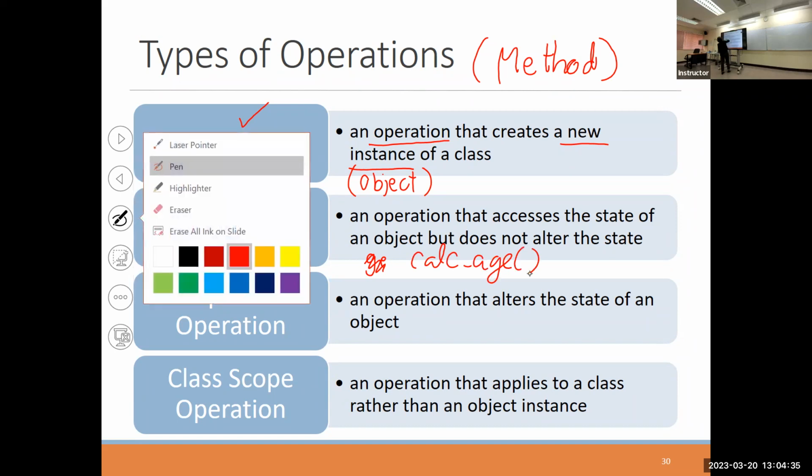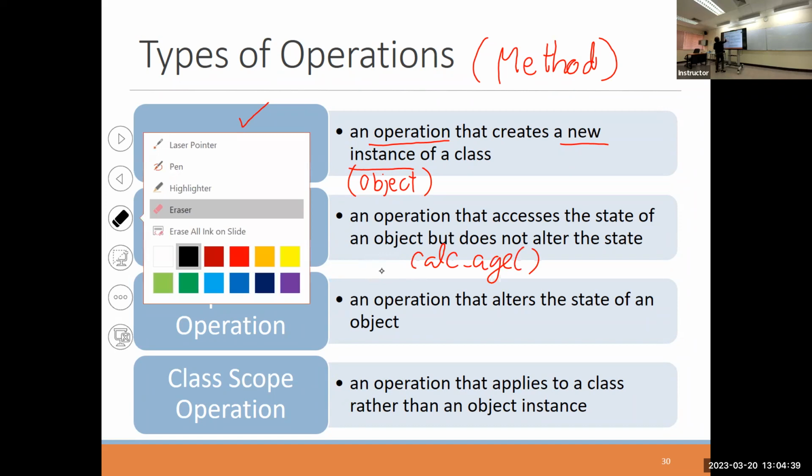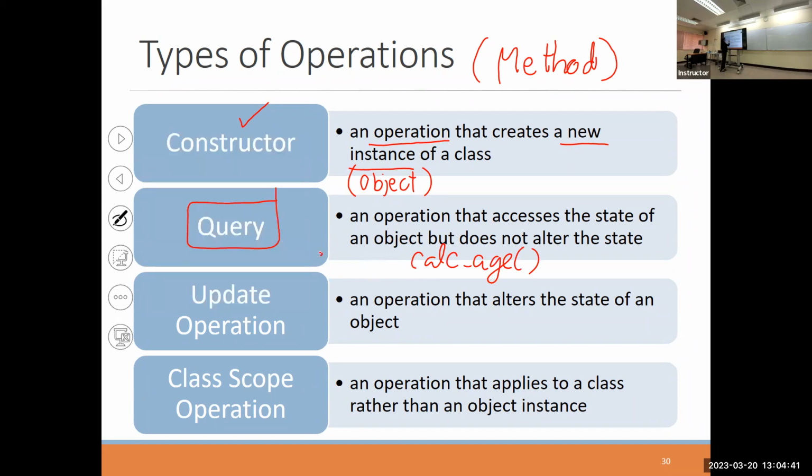Suppose I do have a student X. Usually student X dot calculate age. This is the way to retrieve or to call a function in object-oriented, right?